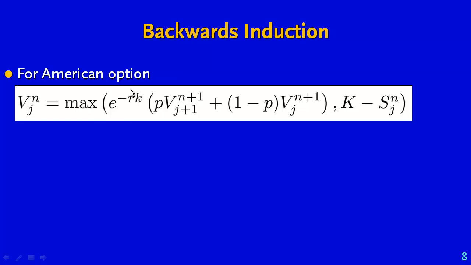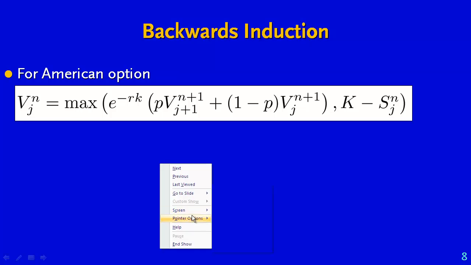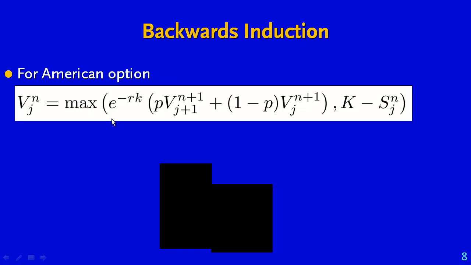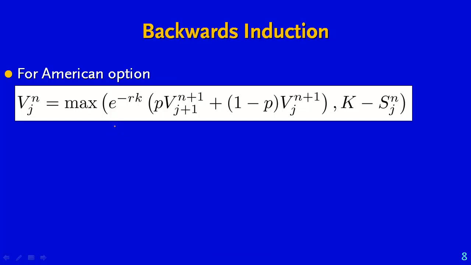But basically the term here, just let me draw it. The term here, this is my European price. So basically I have to compute this quantity going backwards from the expiry time T right down to t equals 0.